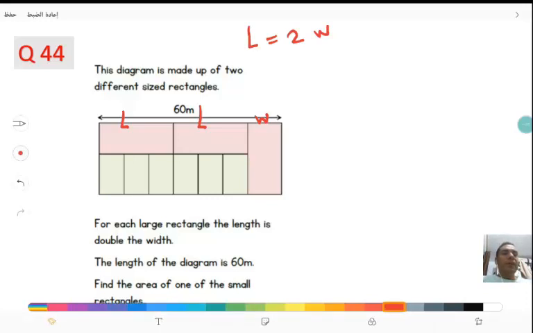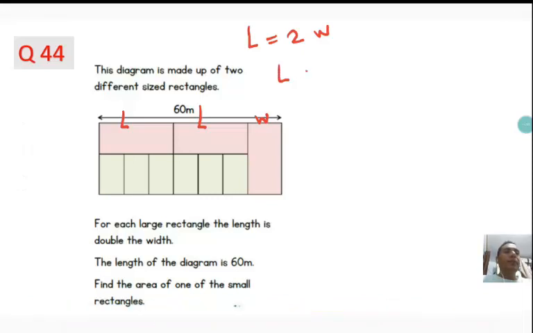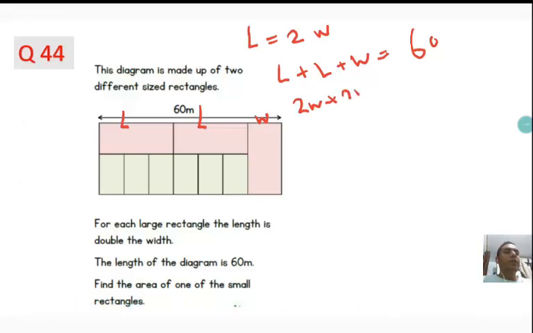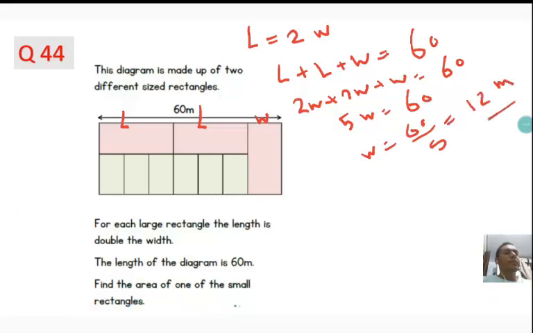And for the upper side here, which is 60 meters, L plus W equals 60 meters. Then we substitute L with 2W: 2W plus 2W plus W equals 60. That means 5W equals 60. That means the width is 60 divided by 5 equals 12 meters.